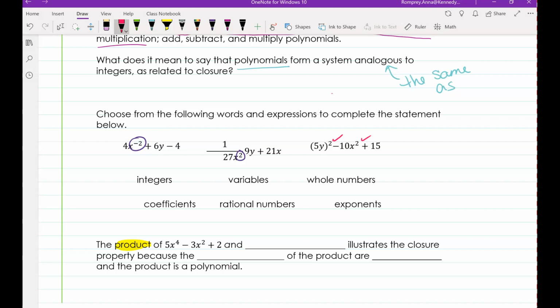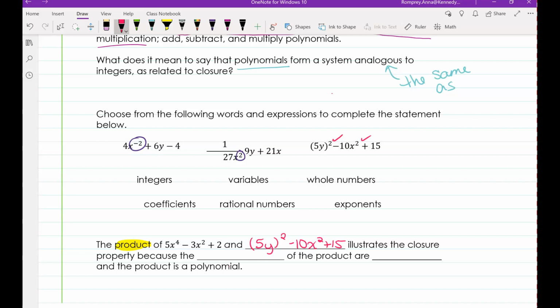So the product of 5x to the fourth minus 3x squared plus 2 and the quantity 5y squared minus 10x squared plus 15 illustrates the closure property because, okay, the blank of the product are blank and the product is a polynomial. So because the variables of the product are whole numbers. No, variables are variables. Coefficient.